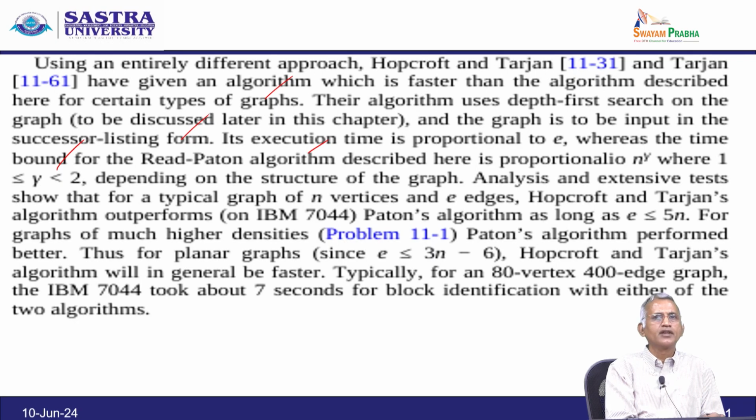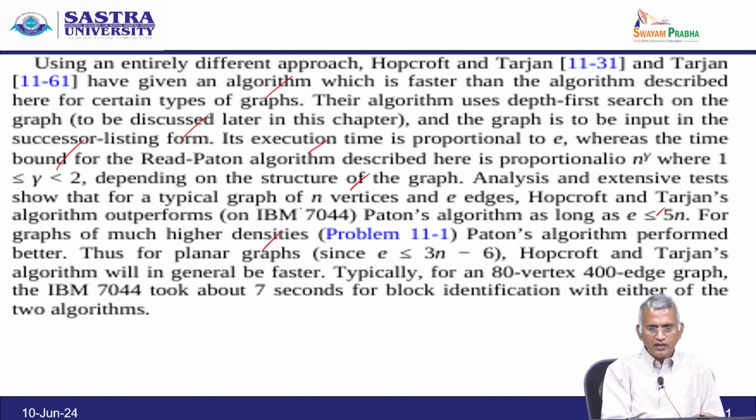Depending on the structure of the graph, analysis and experimental tests show that for a typical graph of n vertices and E edges, Hopcroft and Tarjan's algorithm outperforms Paton's algorithm as long as E is less than or equal to some multiple of n. For graphs of much higher densities, Paton's algorithm performed better.